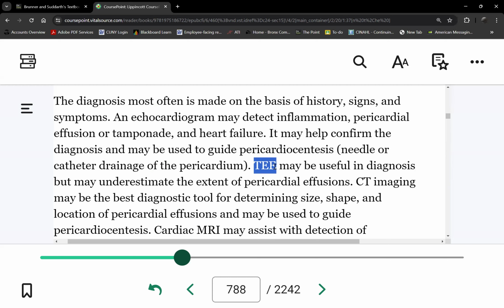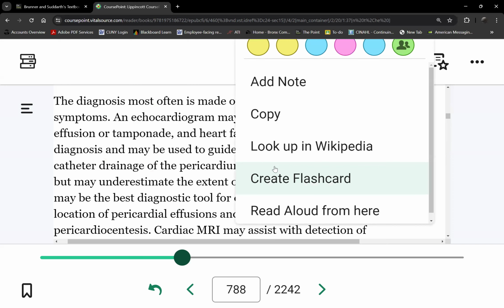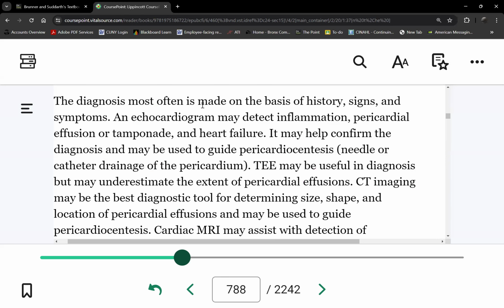TEE is still an echo, but this one is transesophageal, meaning instead of putting the probe over your chest, we will put the probe into your throat, down to your esophagus, and look at the heart from your esophagus. Does that make sense? So which one is closer? The one over your chest or the one from your esophagus? The one through your esophagus. So that will give us an even clearer picture of your pericardium. Okay.